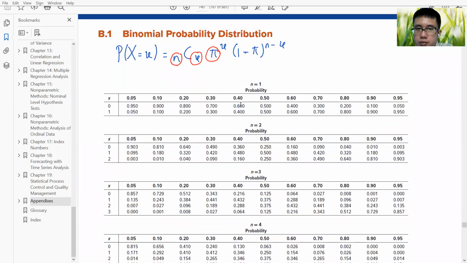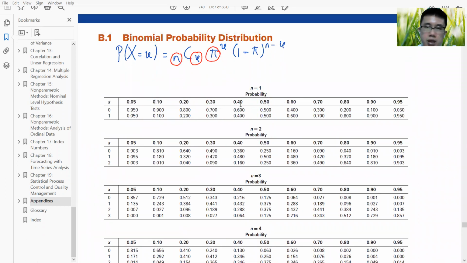So if we want to find a probability with these parameters, and suppose that n is equal to 3, phi is equal to 0.5, and maybe the first x is 2.